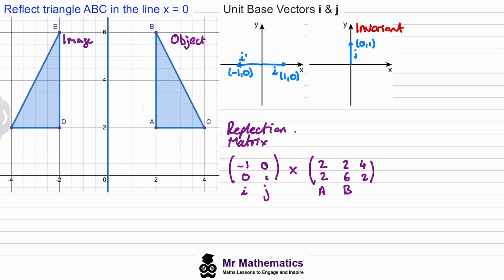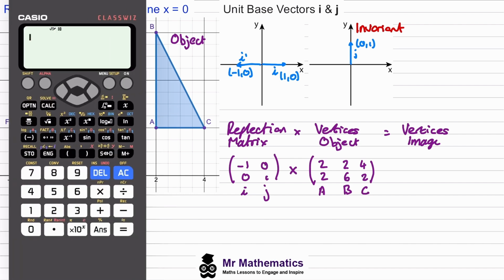So we multiply the reflection matrix by the vertices of the object, and this product will give us the vertices of the image. And I showed you in a previous video how we multiply matrices together. But in this video, we're going to perform this on a calculator. So we'll go to our calculator, press menu, option 4 for matrices, then we need to define matrix A, so option 1, as our reflection matrix.